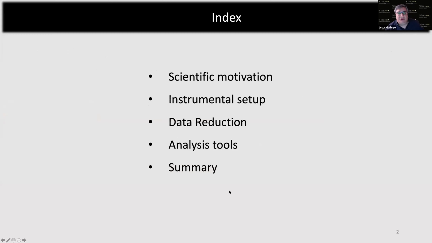I will first address the scientific motivation, then the instrumental setup. I'll focus on the data reduction and development of specific reduction tools for this instrumental setup. Then I'll comment on the analysis tools and preliminary results, and I'll finish with a summary and conclusions.